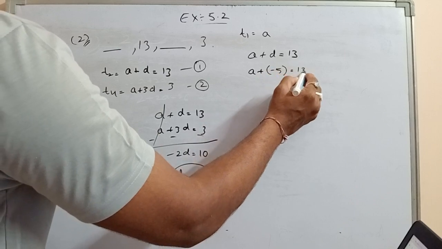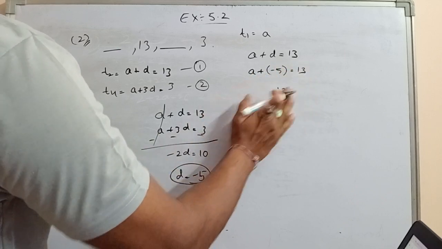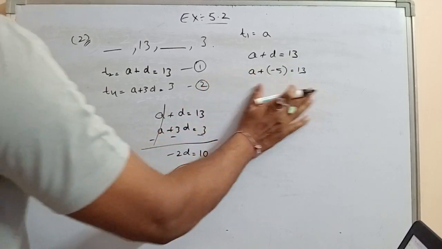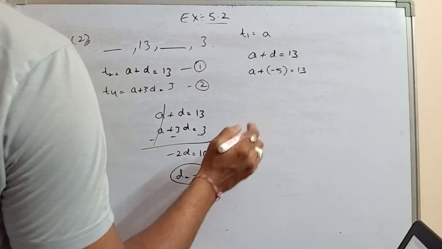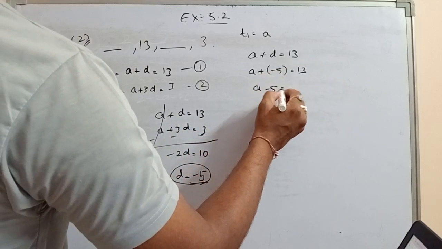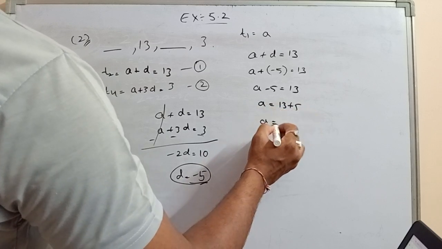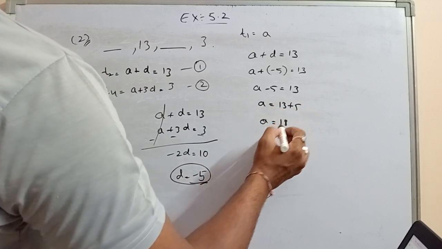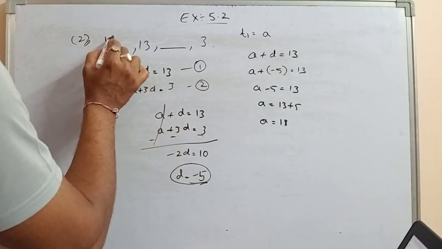Minus 5 is equal to 13. In order to make you understand, I am not writing the direct steps. So a minus 5 is equal to 13, a is equal to 13 plus 5. So the value of a will be 18.